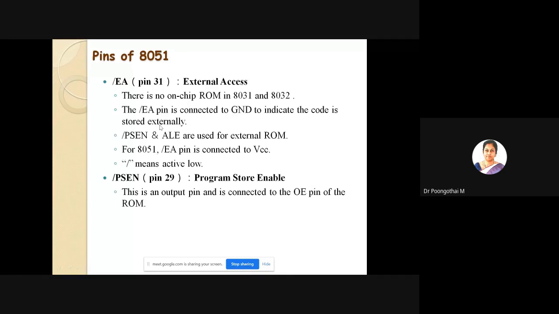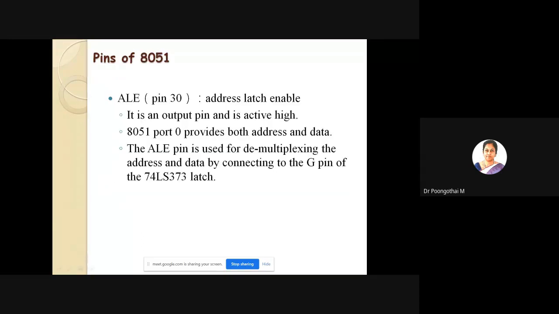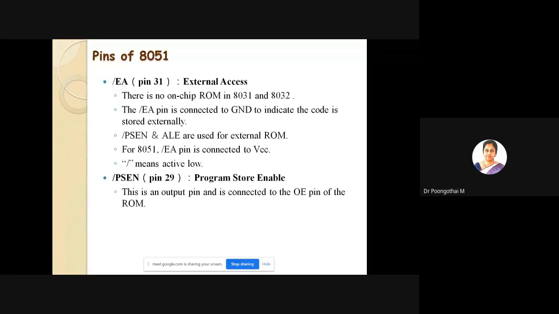If EA bar is equal to 0, this signal is activated.